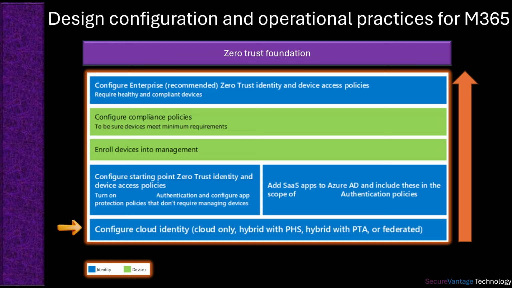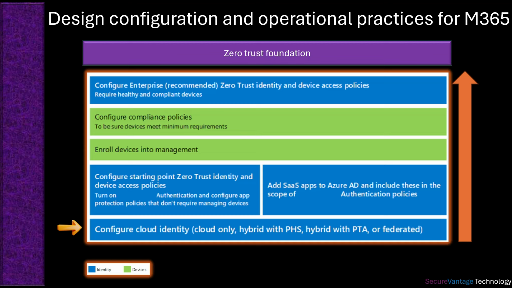So, first row indicates that there are different ways of building and using identity store. Your identity store could be cloud-only identities, meaning they sit in the Entra ID tenant, or you are syncing your identities from your identity store sitting on-premise using PHS or PTA. PHS is password hash synchronization and PTA is pass-through authentication.